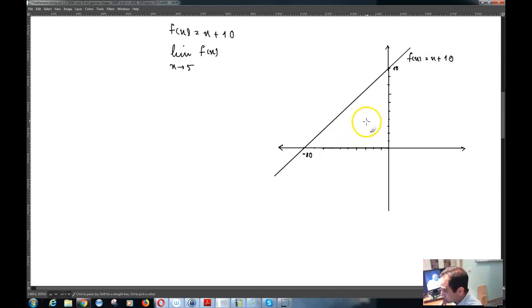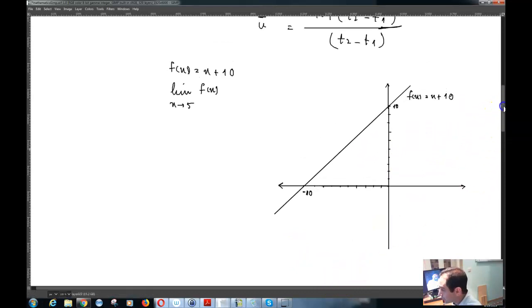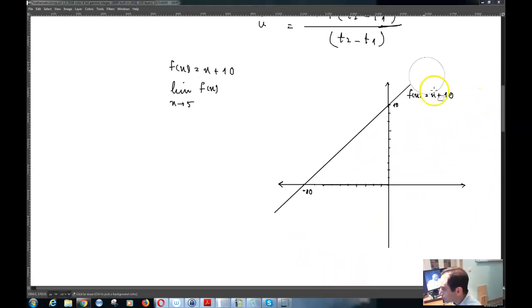Now at x is equal to 5, you can see that the expected value of the function at this point is 1, 2, 3, 4, and 5.